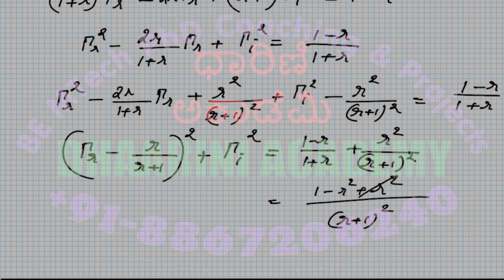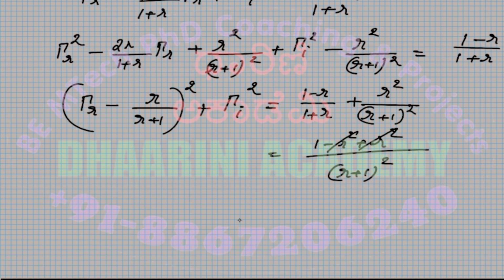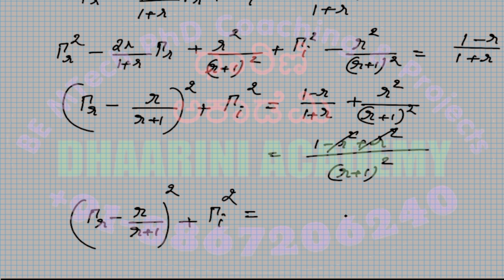So this is simply 1 by (r plus 1) the whole square. So that means I'll rewrite the equation we got so far. This is (gamma r minus r by r plus 1) the whole square plus gamma I square is equal to 1 divided by (r plus 1) square.